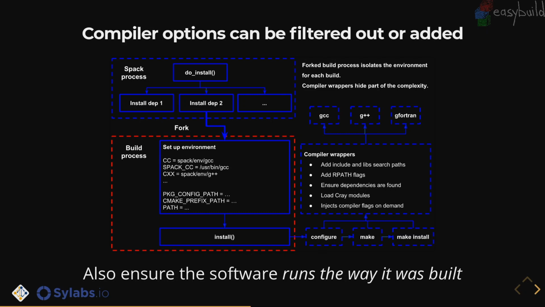Everything you build with Spack is by default RPathed, so that applications work the way they were built and can always find their dependencies. You can optionally configure Spack to use RUNPATH instead of RPATH. Another thing you'll see later, we use this wrapper to inject microarchitecture-specific optimization flags into the compilation.